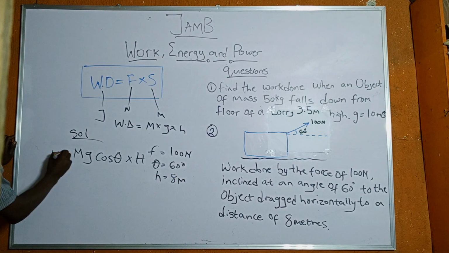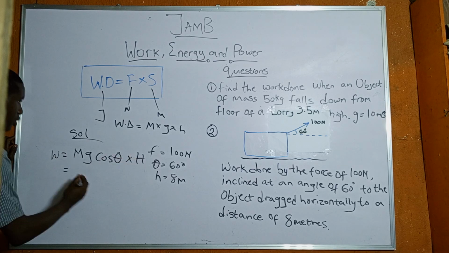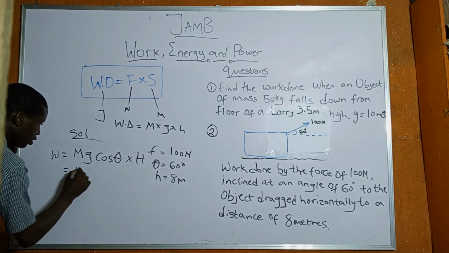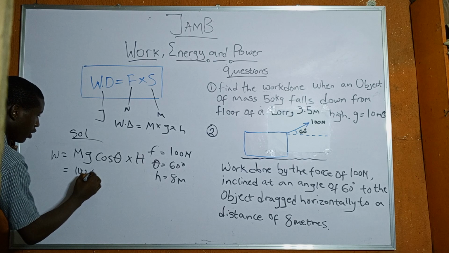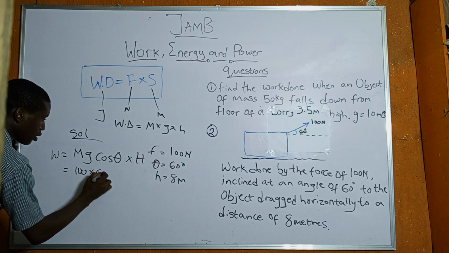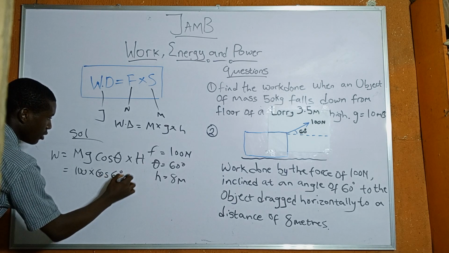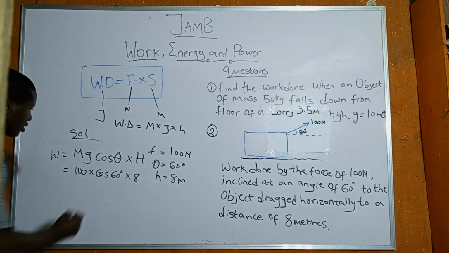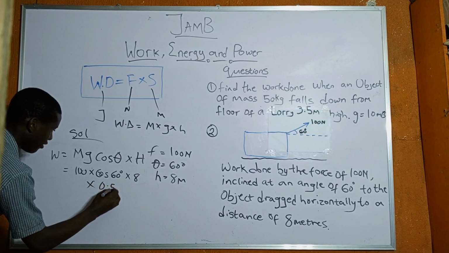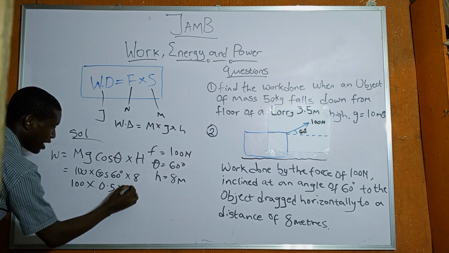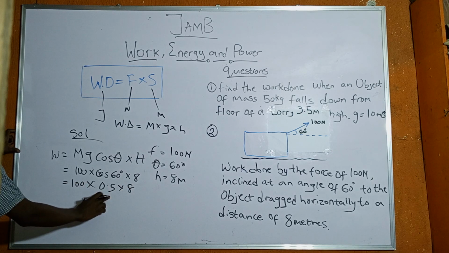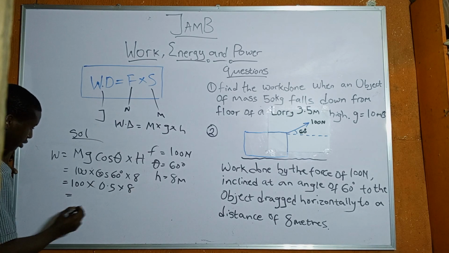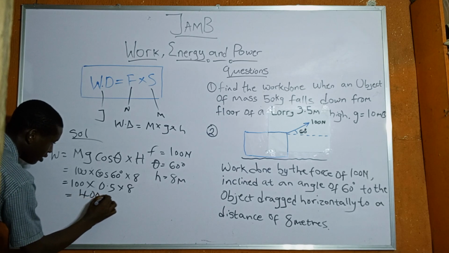Now work done will be equal to force, since we don't have mass, so 100 newtons multiplied by cos 60 degrees multiplied by 8 meters. Now cos 60 degrees will be equal to 0.5. 100 multiplied by 0.5 will give you 50. 50 multiplied by 8 will give you 400, and then we'll have 400 joules.